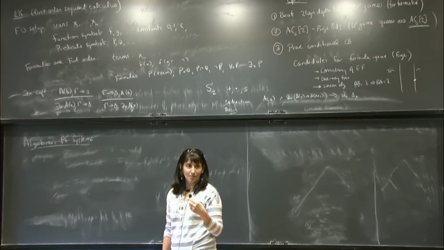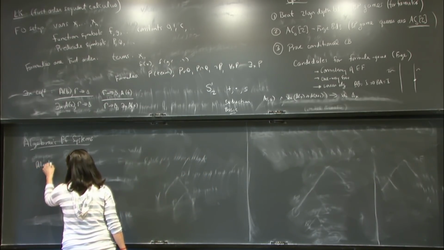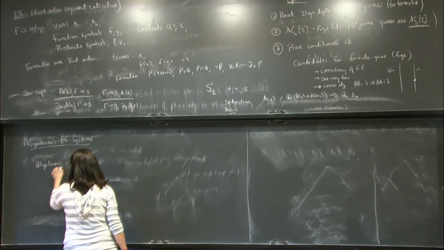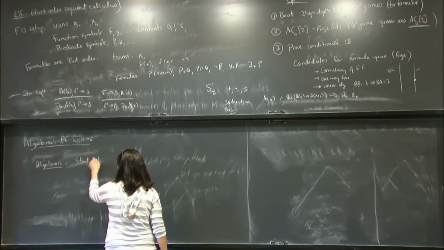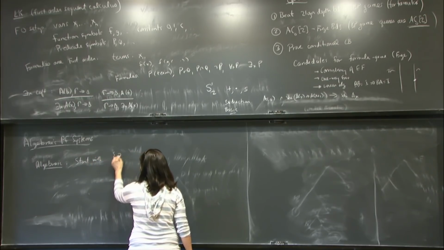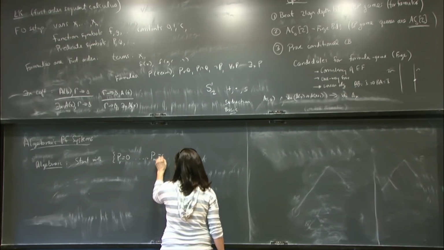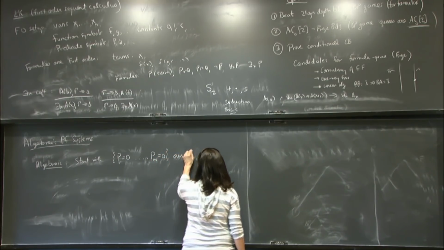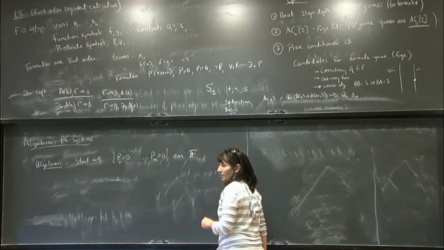For the algebraic ones, you start with a bunch of polynomial equations over some field. It doesn't matter which; it could be GF2.